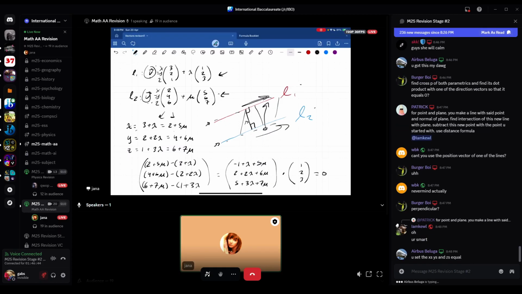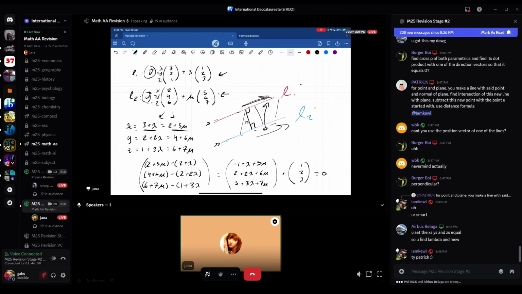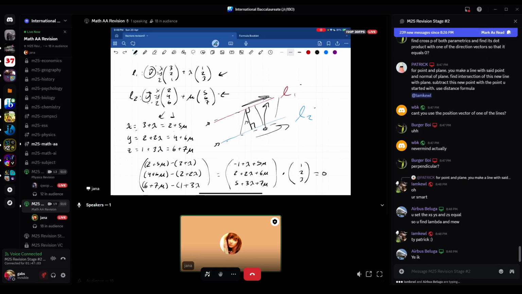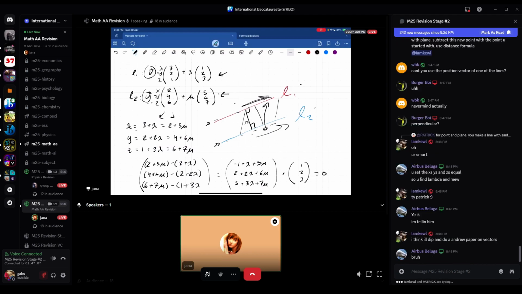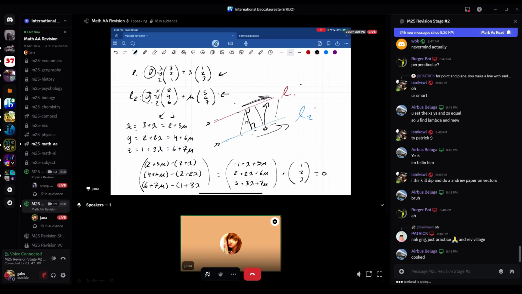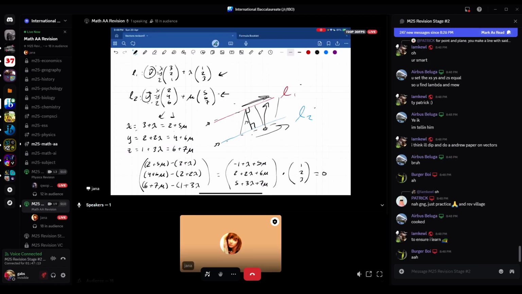Lambda and mu are different. Basically this is any point on line 1, and this is any point on line 2. You can find the vector from any point on this one to any point on this one, and it has to be perpendicular to these. So if you do this dot that, it has to be 0.